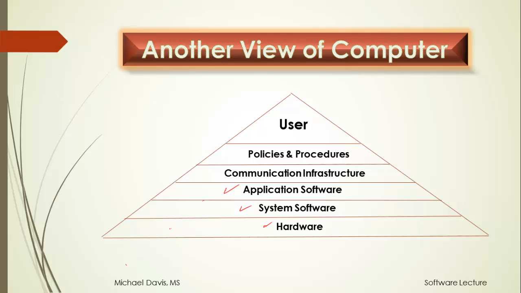A section of the pyramid that's been added in the last 10 years is this section right here: communication infrastructure. Because in this day and time, an honest evaluation of a computer would suggest that one that does not have access to the internet is not very useful, because so much of what we do these days is built around our network and our internet access. Today we are accessing data on remote computers in other places, sometimes in other countries.